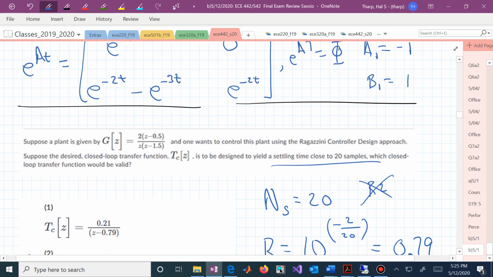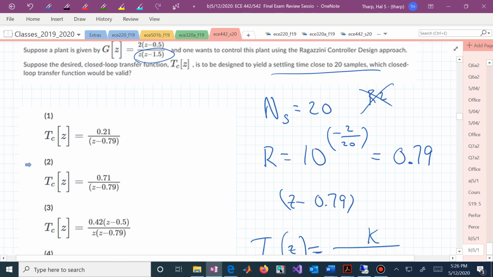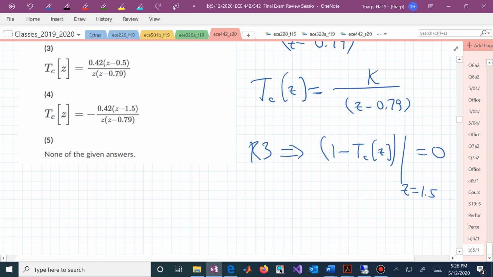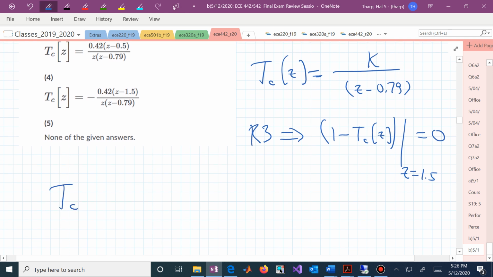Whoa, restriction 3 is in play. We have an unstable pole at 1.5. So restriction 3 now says that we need 1 minus t sub c of z evaluated at that unstable pole location to evaluate to 0. That's really saying that t sub c evaluated at 1.5 needs to equal 1.